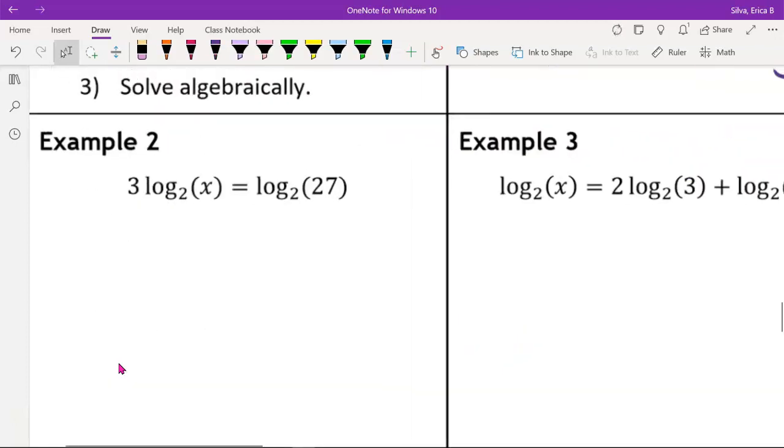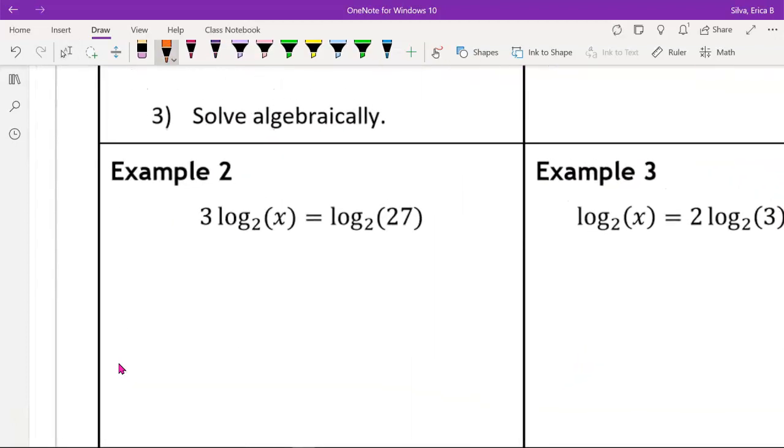Okay, let's look at example number 2. Notice how this one has 3 as a coefficient, so we're first going to make it the exponent using the power property. And now we have log base 2 of x to the third equals log base 2 of 27.